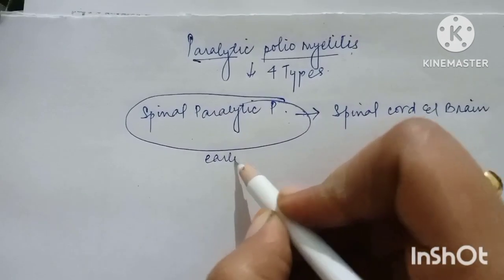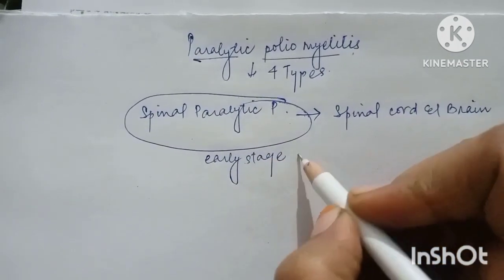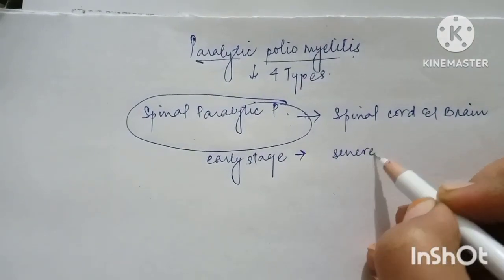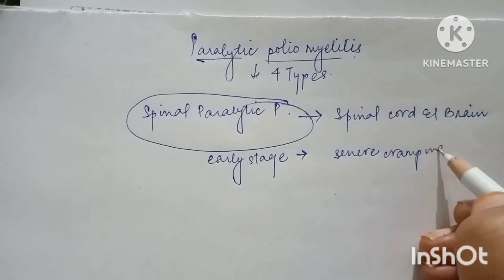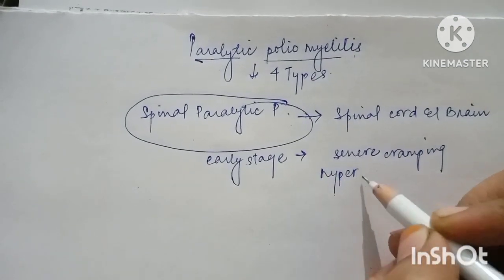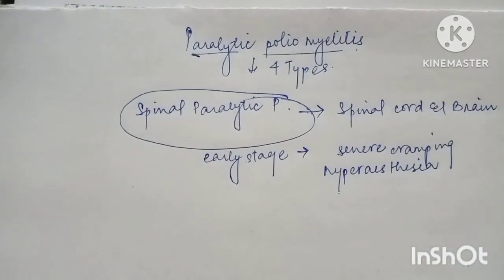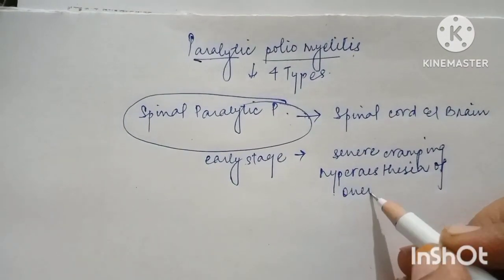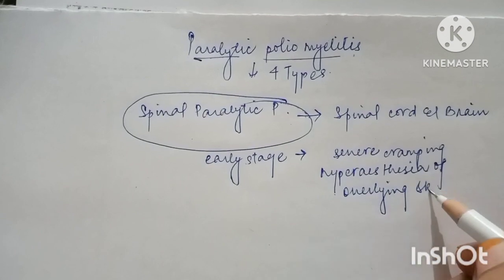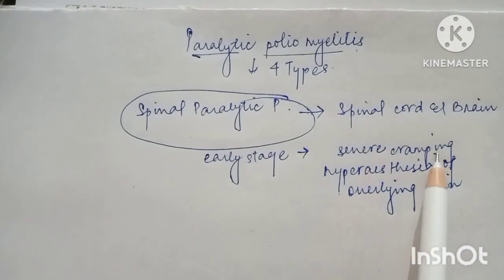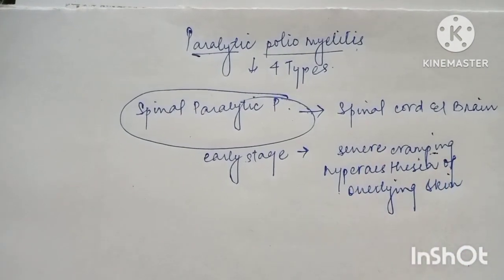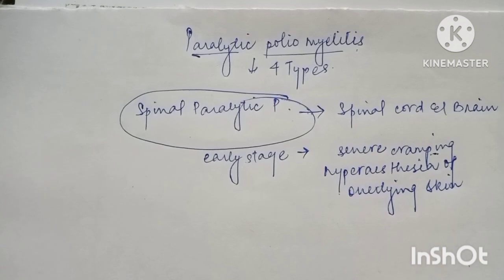In the early stage, you may see severe cramping of the muscles and hyperesthesia of the overlying skin. Hyperesthesia means sensitivity of the skin, physical sensitivity of the skin, which becomes very excessive.